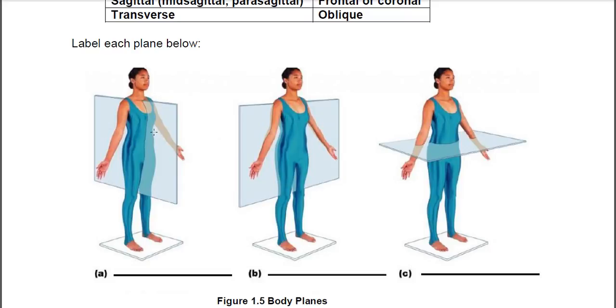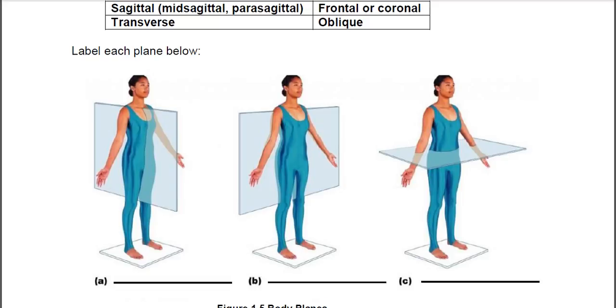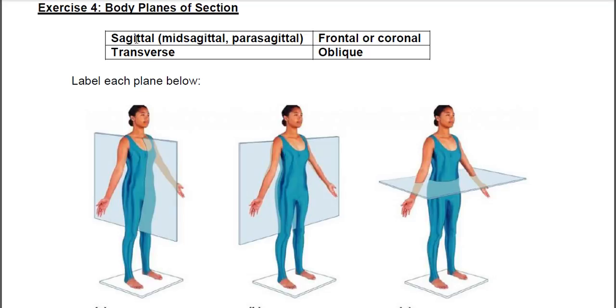If we cut something into left and right halves, it's called a sagittal plane. If it is right down the middle, cutting it into equal left and right halves, it's a mid-sagittal. If it's cutting in the left and right halves, but they're unequal, so it's off-center, that's a parasagittal plane.